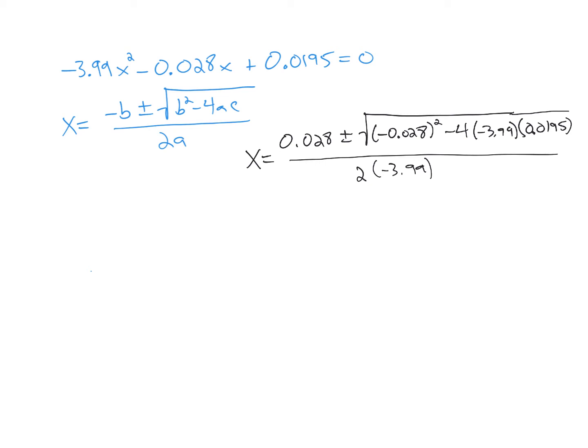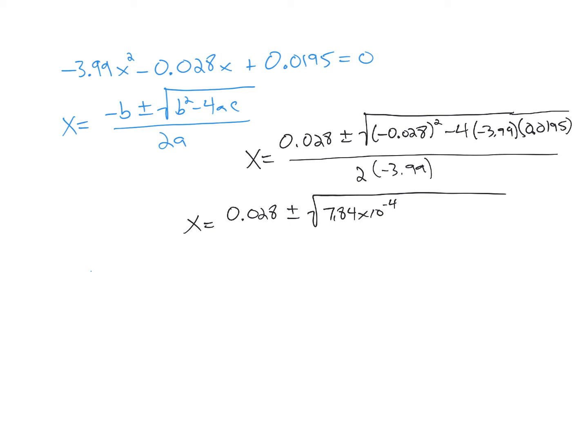Alright, so I'll break this down into steps. So we have x, leave that 0.028 alone for now. We still have plus or minus. Negative 0.028 squared is 7.84 times 10 to the minus 4.